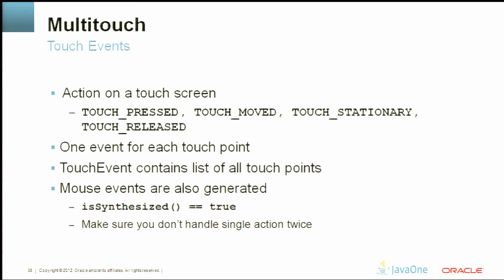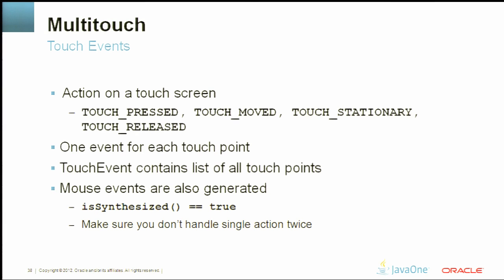And we also have support for inertia, but this is platform dependent. Okay, so touch events. We will get an event every time you touch a screen. If you touch the screen with more fingers, you will get a touch event for every touch, but you can also get a list of touch points for other events.